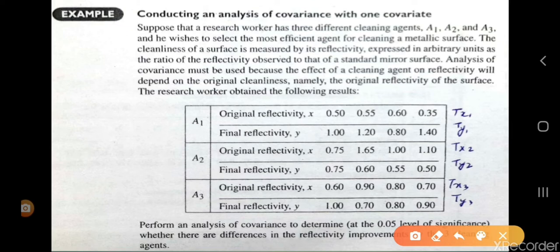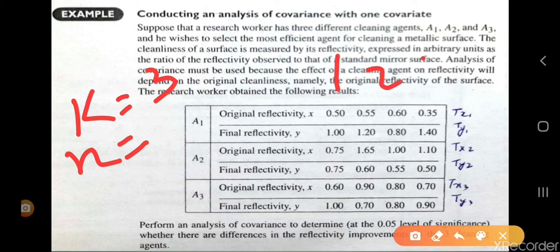Total number of treatments is K. So K is equal to 3, treatments A1, A2 and A3. And next is N. N is the total number of levels for each treatment. So here we have 1, 2, 3 and 4. So K is 3 and N is 4.